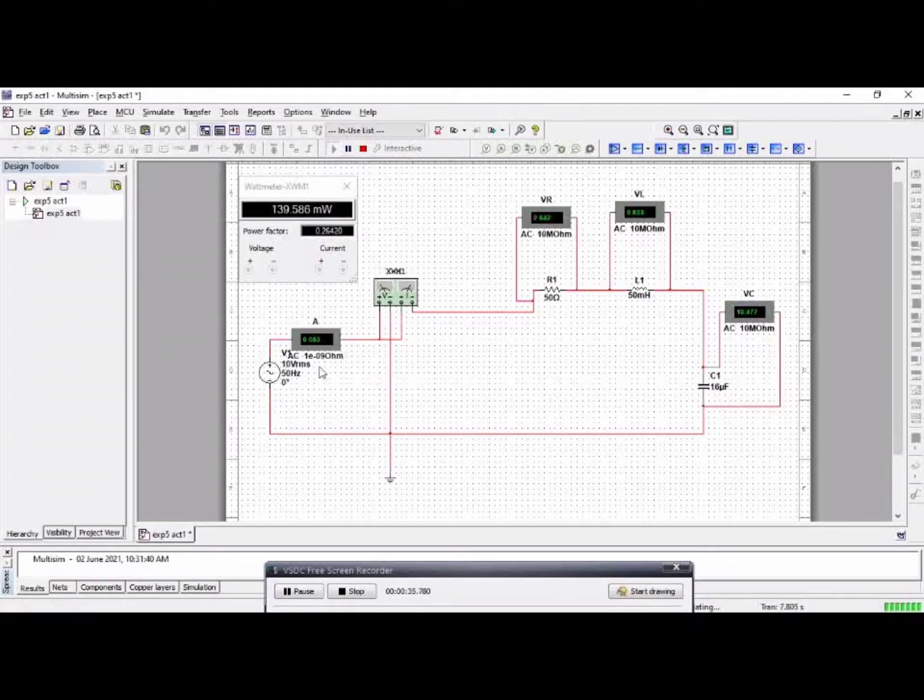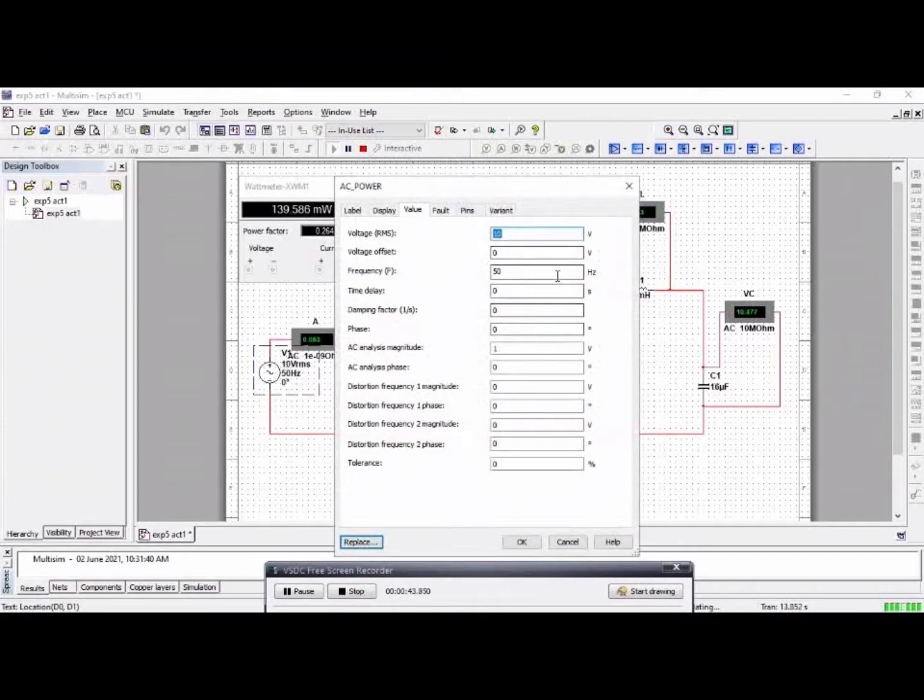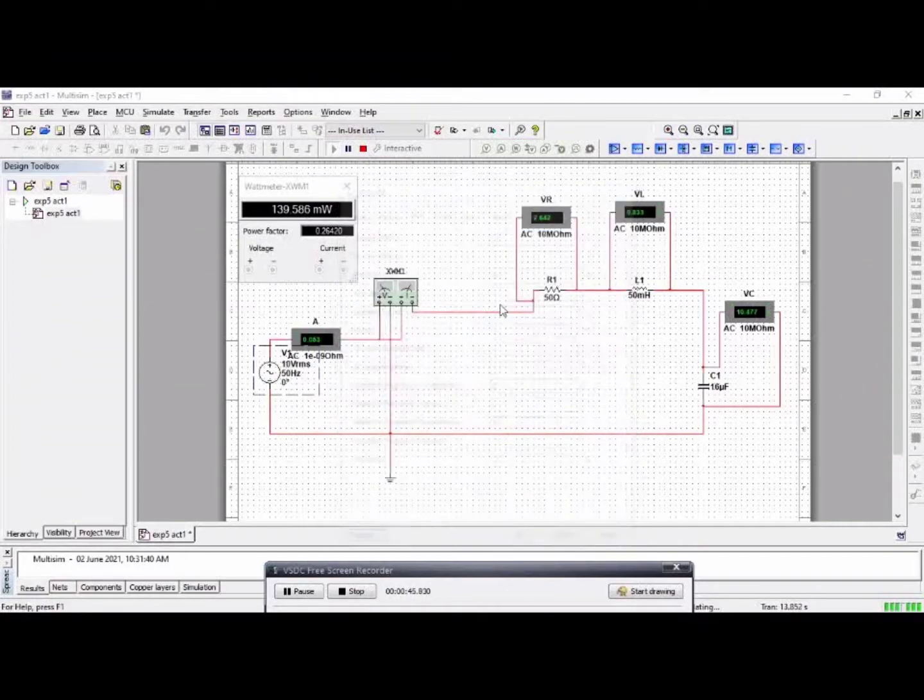Now we get the I value, power value, power factor, and VR, VL and VC. Next to 20 volts. Start the simulation. And we get the value of I here, and voltmeter here, power, power factor, and the value of VR, VL, VC.